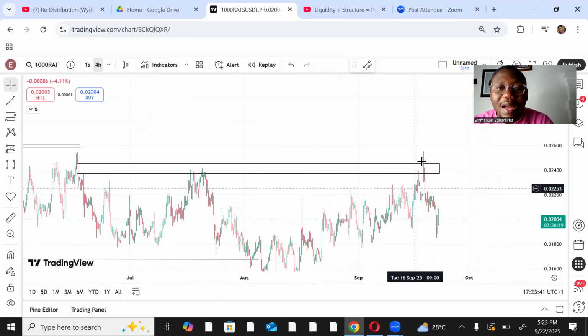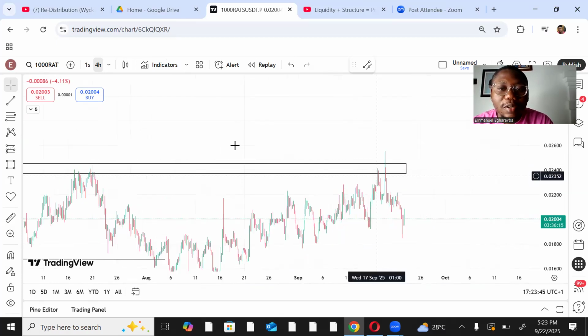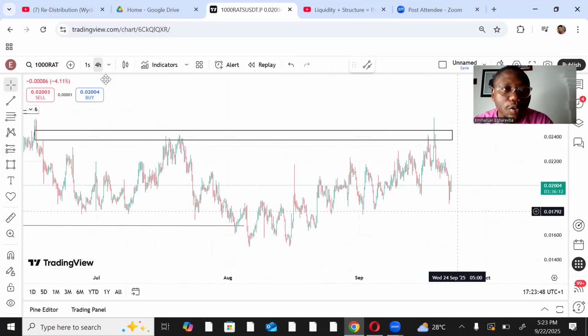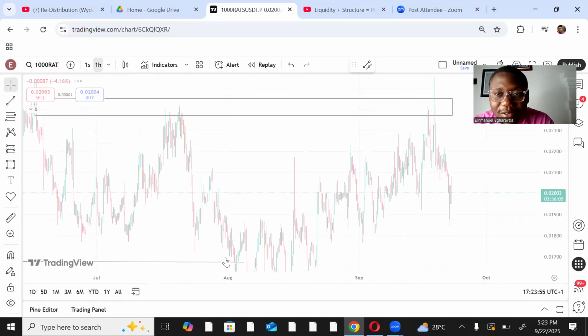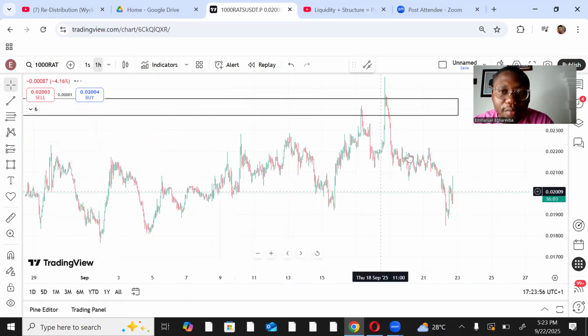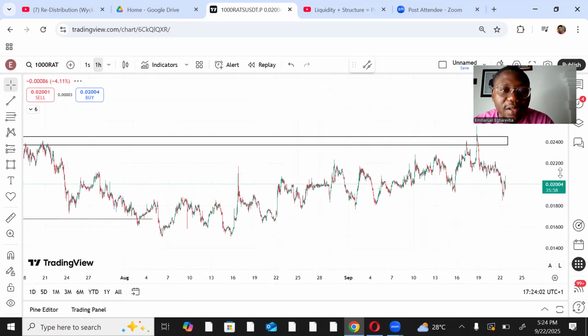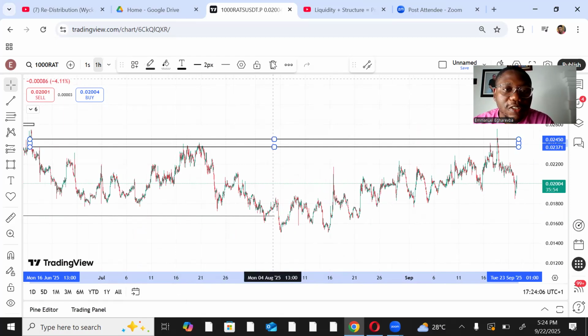Now, at this point, we want to actually tailor down our entry model. So we're going to go down to a lower time frame, like an hour, and see what price is doing overall. Now, the moment we see what price is doing overall, it gives us a very good picture of what we should expect.